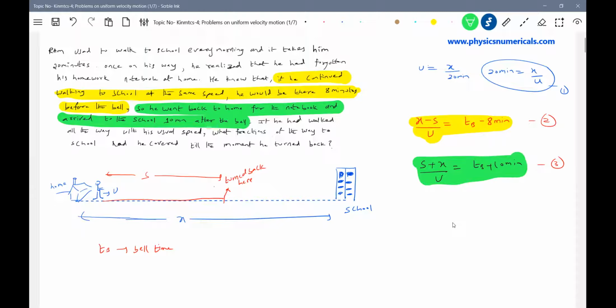Agree with this. Now, what is the unknown thing? Solving these two, first we have x in terms of u. So x is equal to 20u. Similarly s we calculate; solving equations 1, 2, 3, s will become 9u.